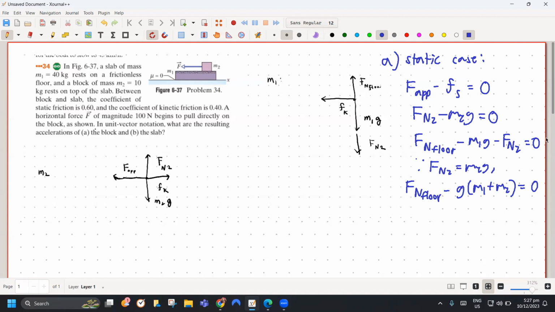So if we compute this, M1 is 40, M2 is 10.